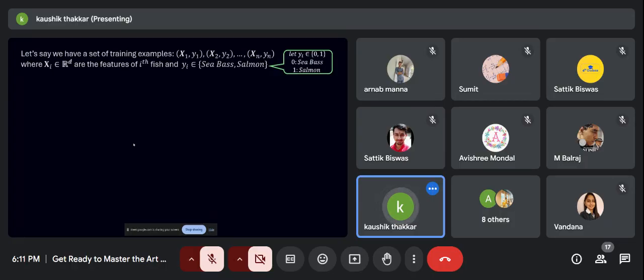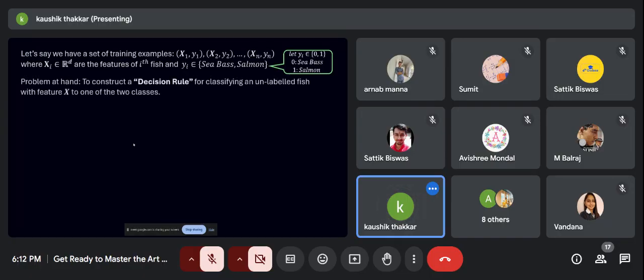We will convert them to numbers, right? So let's say yi is 0 or 1. 0 stands for sea bass and 1 is for salmon, right? So now our problem at hand is we want to construct a decision rule for classifying an unlabeled fish with feature X to one of the two classes.